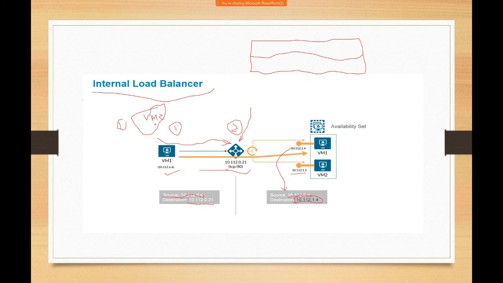Now again, after 1 or 2 minutes, VM1 sends the request again to the load balancer. So now it will decide where it needs to send, Palo Alto 1 or Palo Alto 2. It will have the session maintenance, the session table.